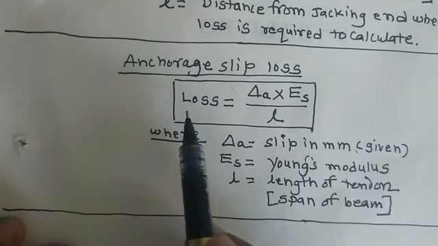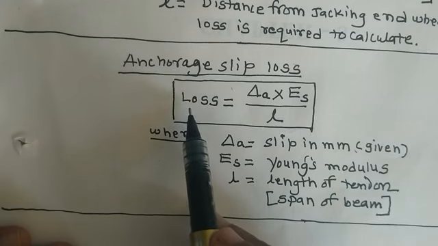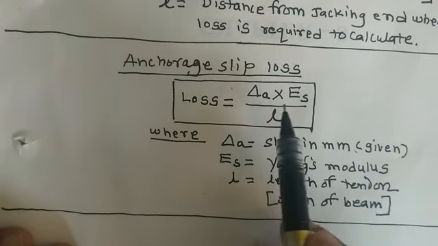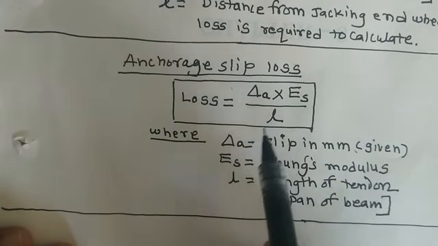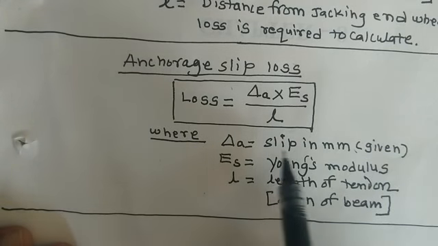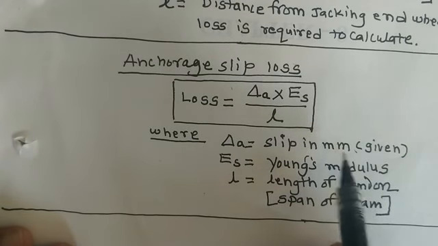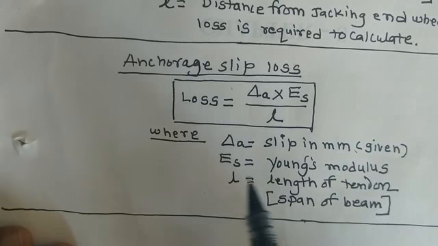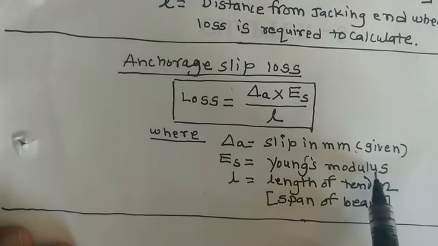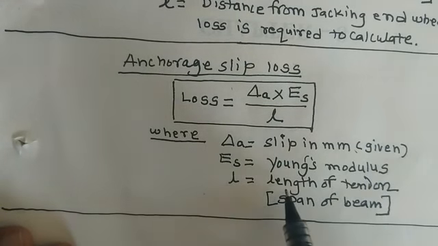Slip loss is calculated using this formula. Loss is equal to del A into ES divided by L. Del A is the slip in mm. Generally this is given in the question. ES is the Young's modulus. L is the length of the tendon.